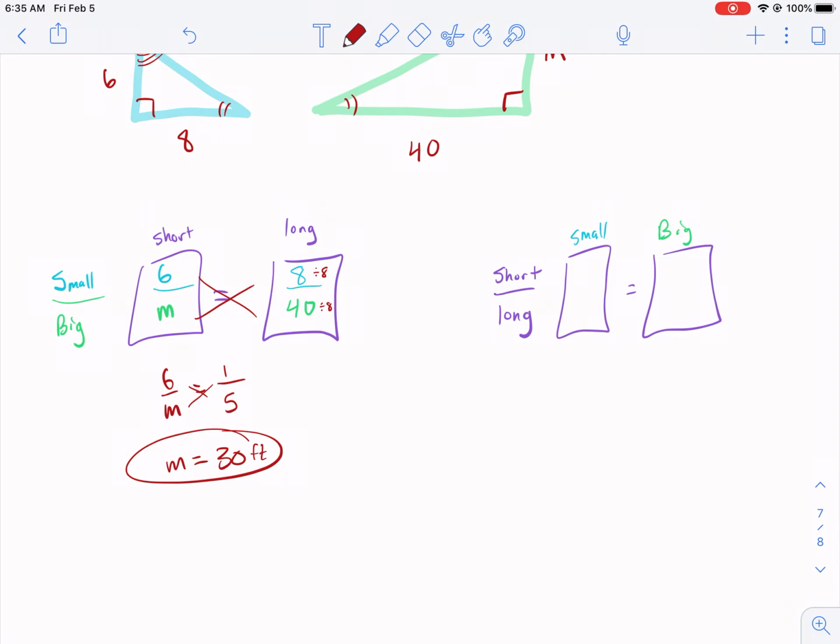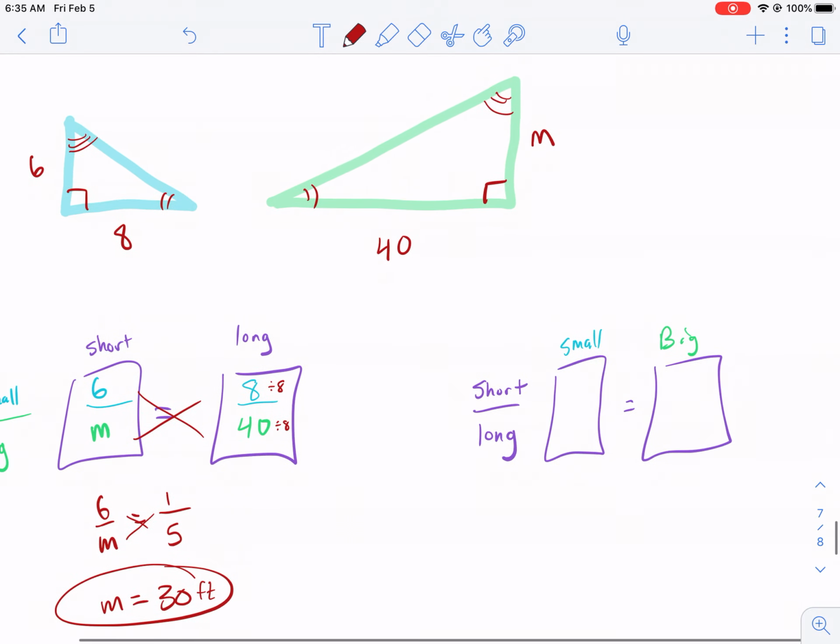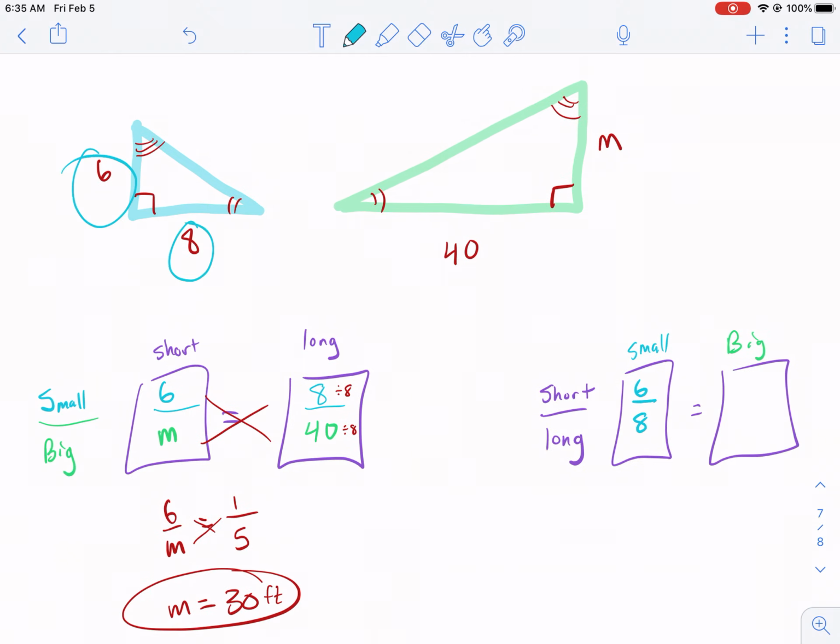Okay, now let's show how we get the same thing by comparing the short and long side of both the small triangle and the big triangle, keeping the dimensions of the small triangle on the left and the big triangle on the right. So this time we're going to go, okay, the short side of the small triangle is 6, and the long side is 8. So here we're just comparing this to this, okay?